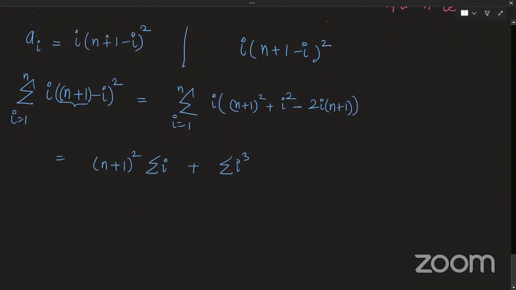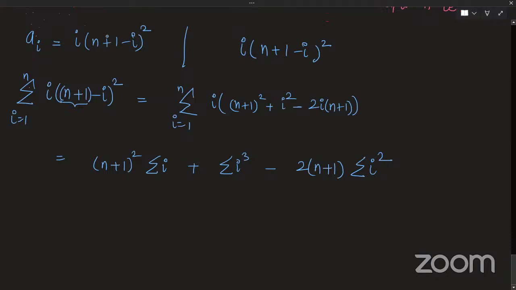Why minus, sorry? Because we have an i over here, it will get multiplied. Distributive property. Minus 2 into (n plus 1) sigma i square, right?